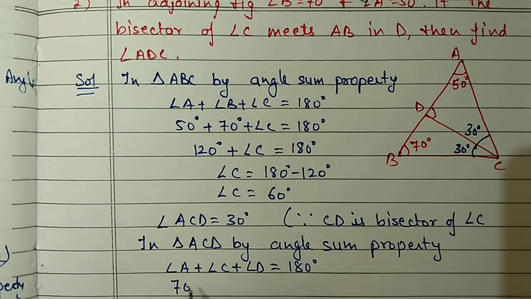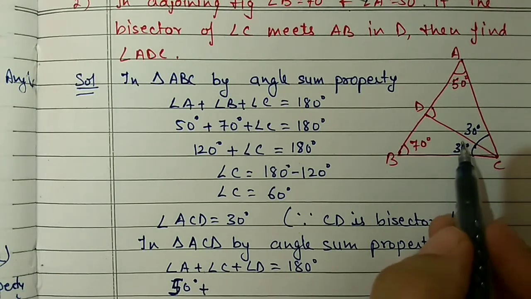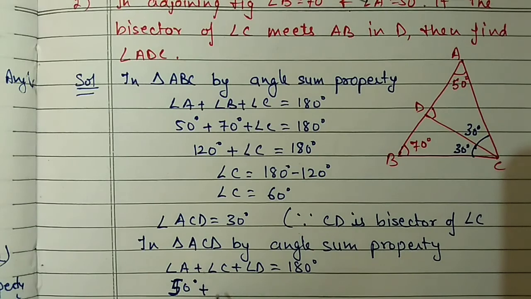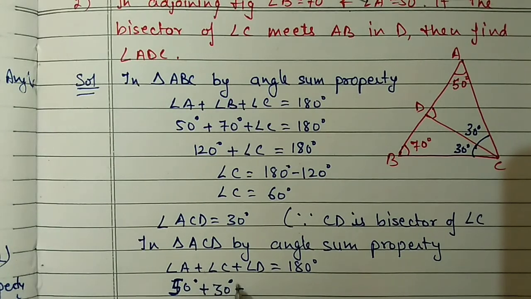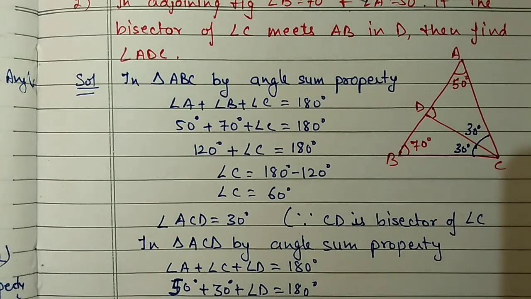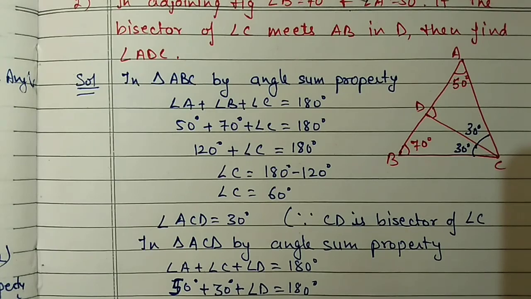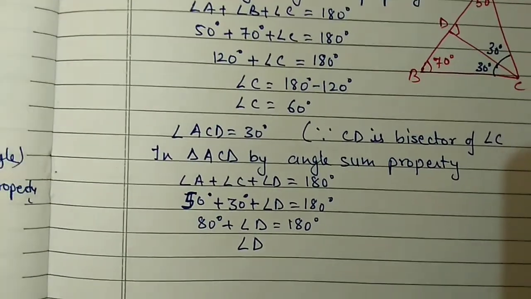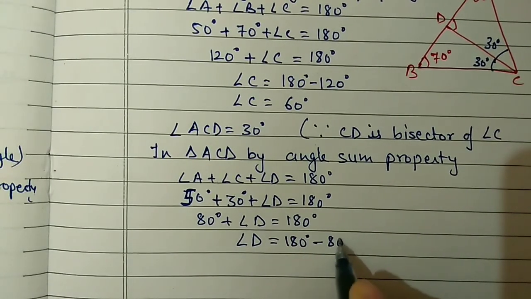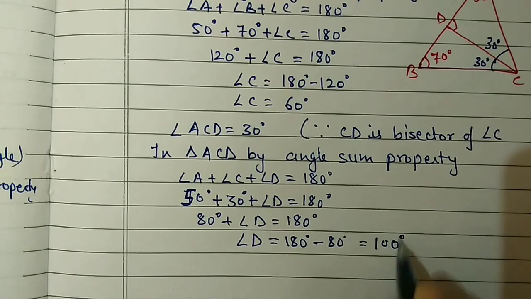A is 50 degrees. C is 30 degrees. C means only this part, whatever part is coming in this triangle, only that much we have to consider. And D we have to find here. So it will become 80 plus angle D equal to 180 degrees. So the angle D value will be 180 minus 80, which is equal to 100 degrees.